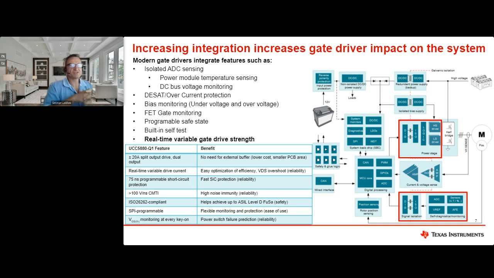So as we see these trends and we design for them, we also see the need to integrate more circuitry and more features into the gate driver itself. Modern gate drivers today don't just turn the FET on or off. They do a lot more. They integrate features such as isolated ADC sensing.